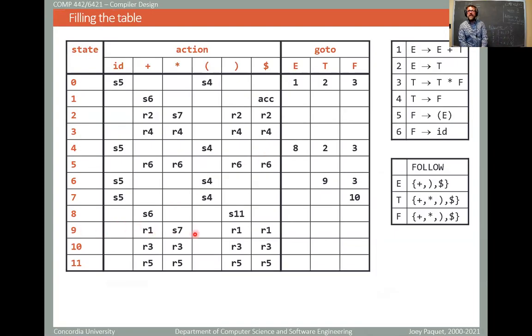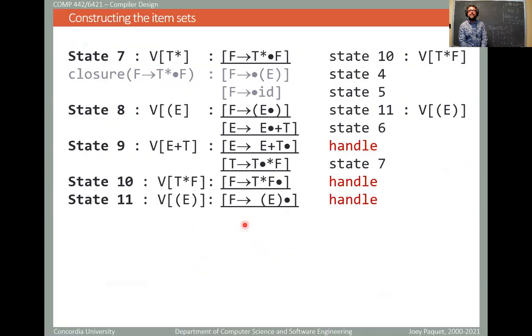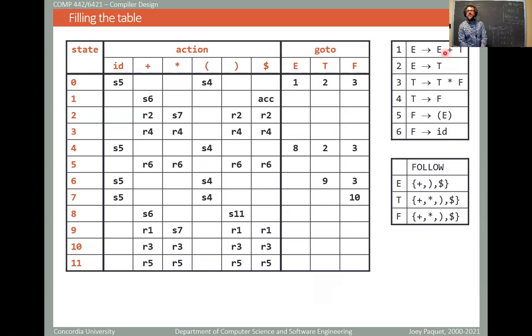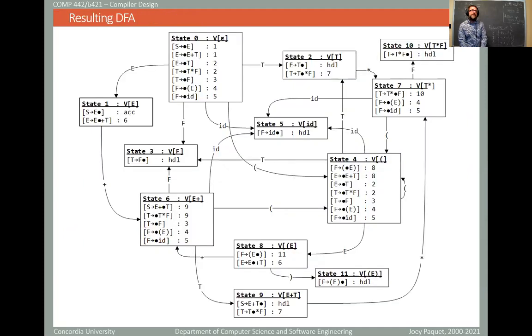What was my rule? Forgot. E gives E plus T. E gives E plus T is rule number 1, under follow of E, which is plus, close parenthesis, $ sign, reduce using rule number 1 in state 9.